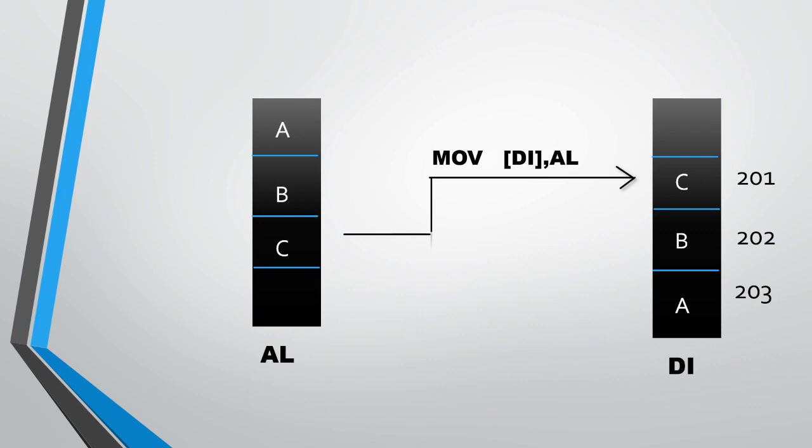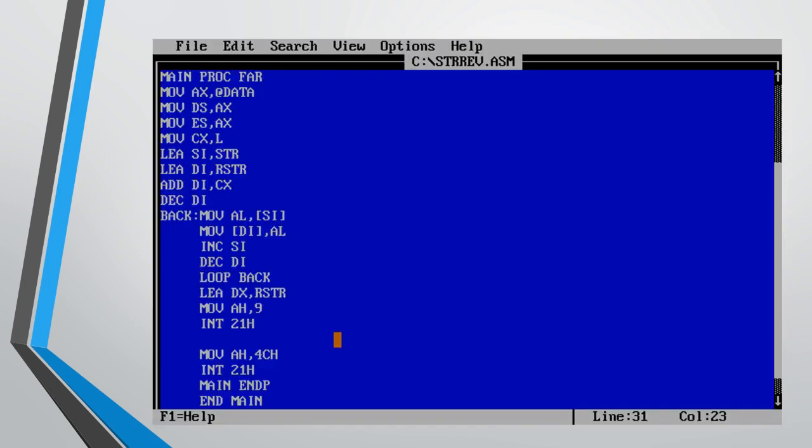As we have decremented DI, the value of the AL register, that is C, is copied to the 201st location of the DI, as you can see in the figure. And increment SI, decrement DI, the loop will continue.